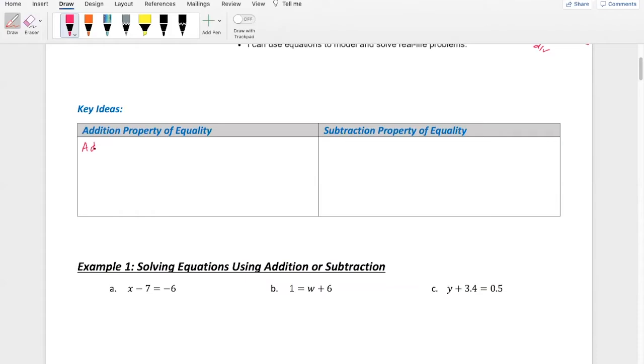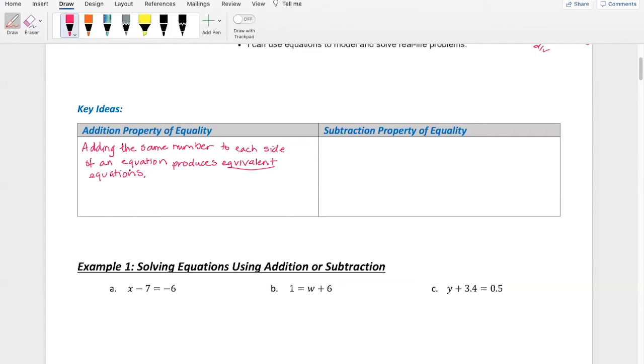This says that adding the same number to each side of an equation produces equivalent equations. And equivalent just means equal.